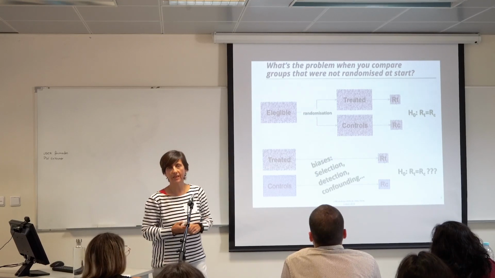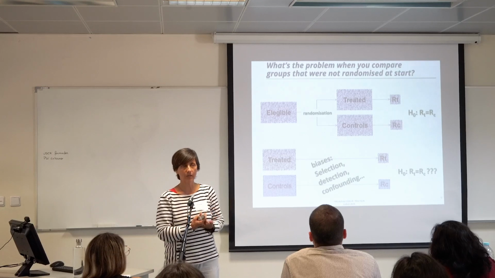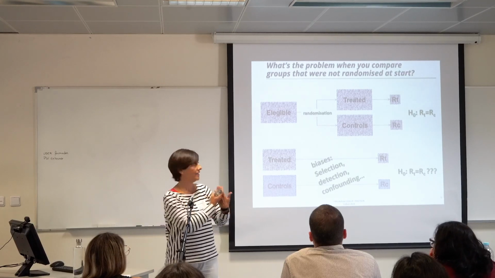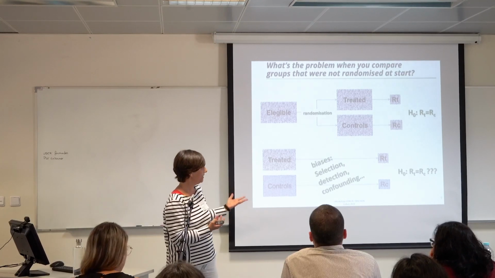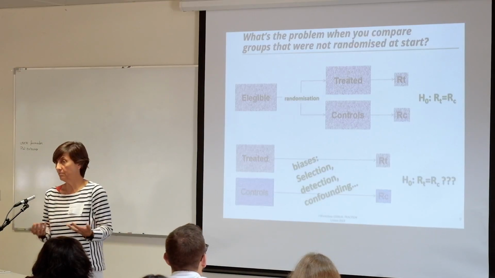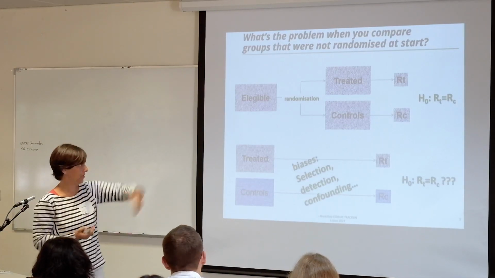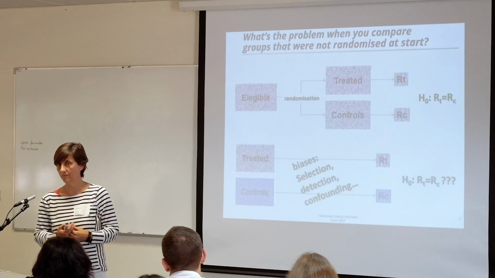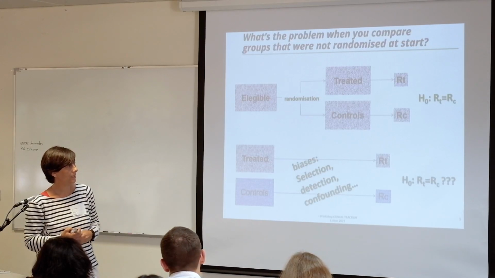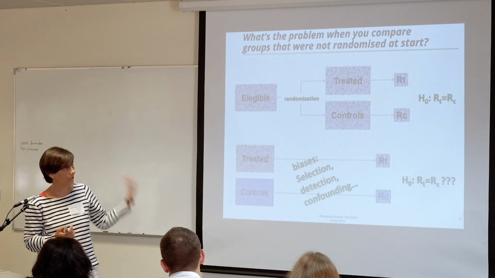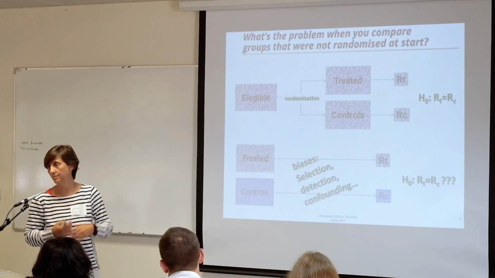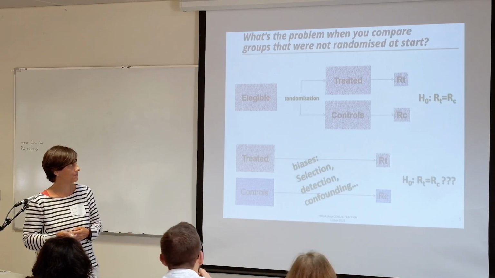You cannot use that hypothesis that the groups are equal. I mean, the null hypothesis is that the groups are equal, right? But here, the groups might be equal, but maybe all the other things are different. Okay, so you have no idea whether the effect is due to the treatment or to many other things.